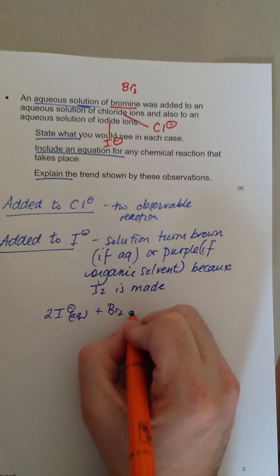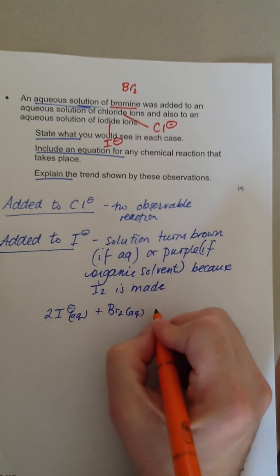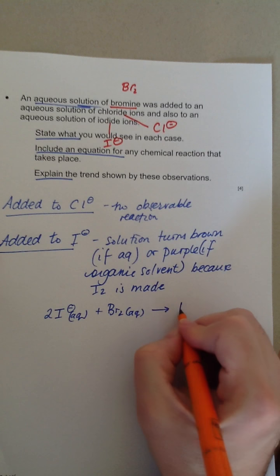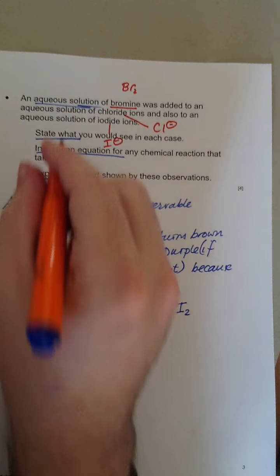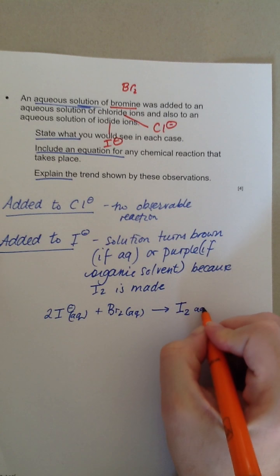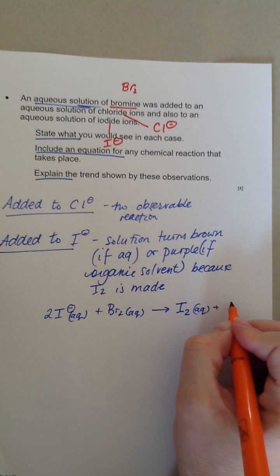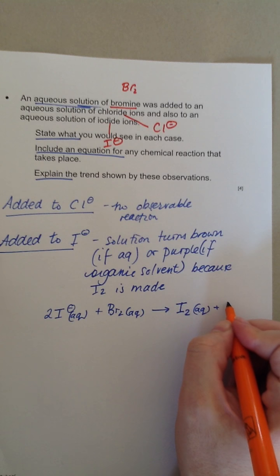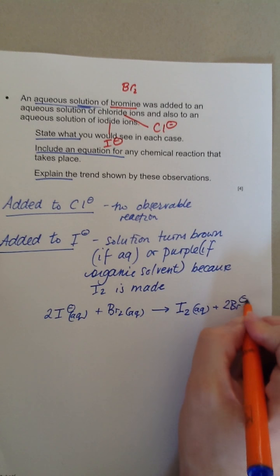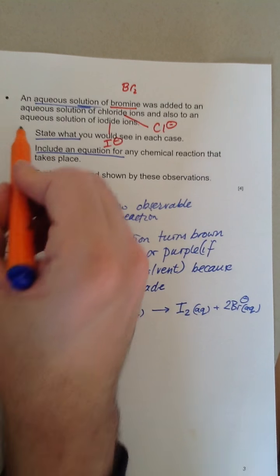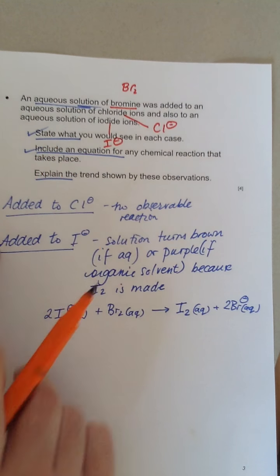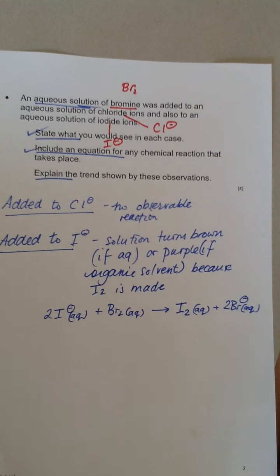So the state symbol for the bromine is going to be aq. And the product we're going to get is I2. What's it going to be? Well, everything's in solution, so it's going to be aq, plus 2Br- aqueous.